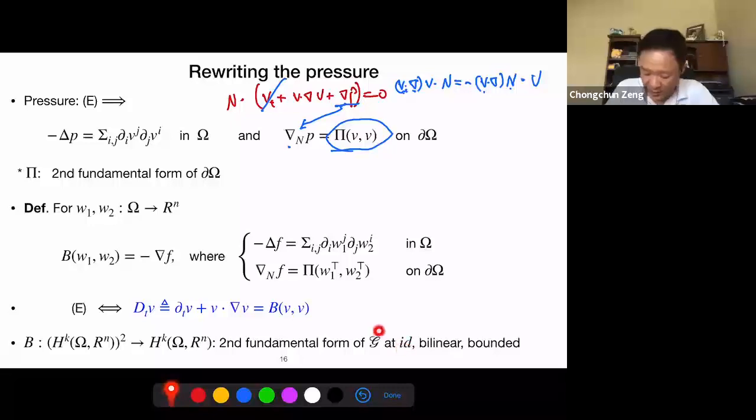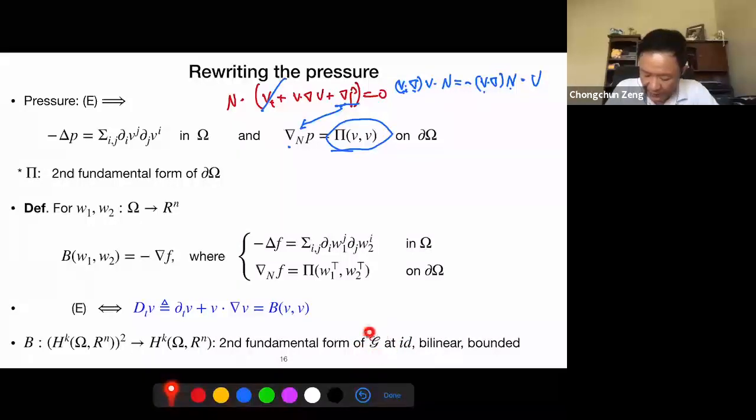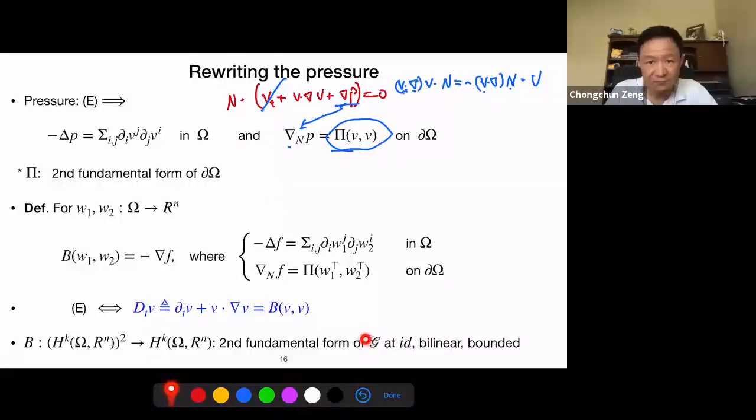Okay, this is the infinite dimensional manifold, and if you equip the L2 metric on the tangent space, and think of this in some weird way as embedded in the L2 space, then you can compute the second fundamental form of this manifold.